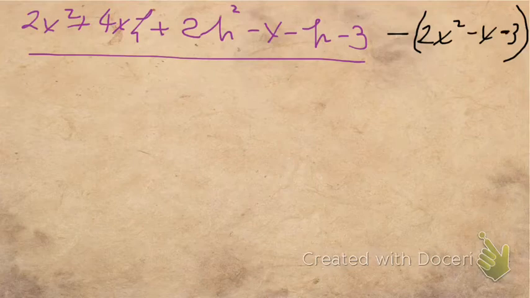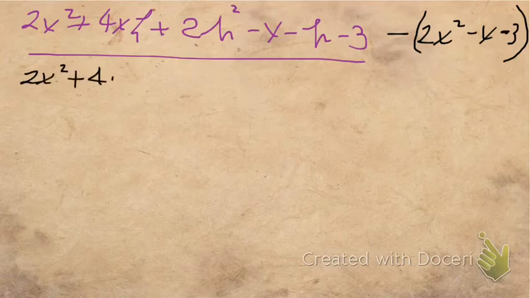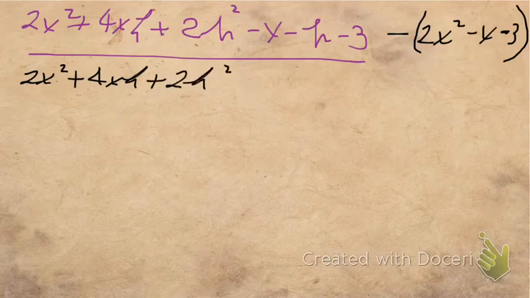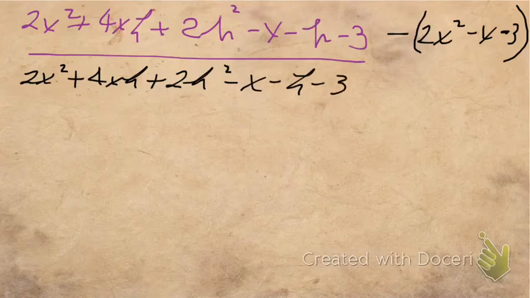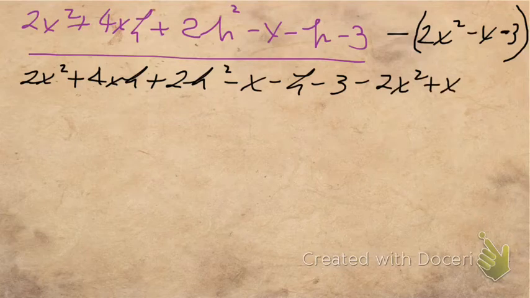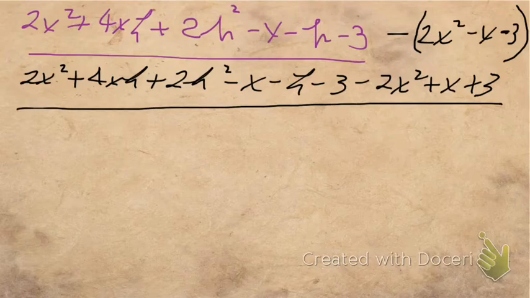So we end up with 2x squared plus 4xh plus 2h squared minus x minus h minus 3 minus 2x squared plus x plus 3 in our numerator. Nothing there that's hard, it's just a lot of stuff, and that is all over h.